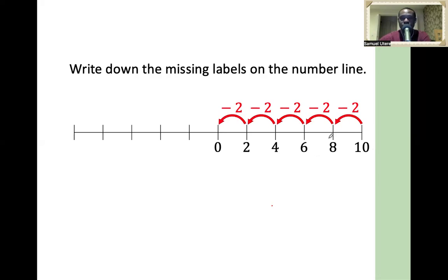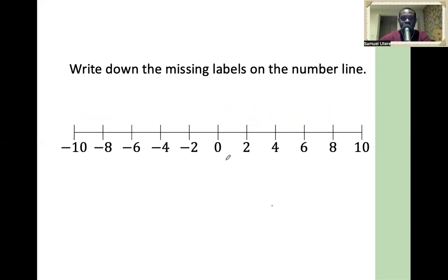So 10 subtract 2 is 8, 8 subtract 2 is 6, so on and so forth. When we get to 0, 0 subtract 2 is negative 2. So on the left of your number line, after 0, you start to have negative numbers. So now we'll start to complete the number line, and that gives us this number line.